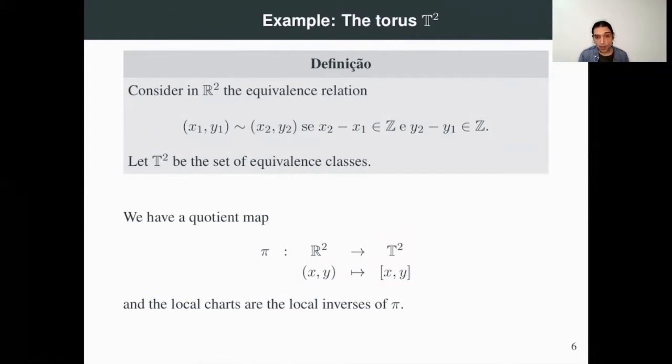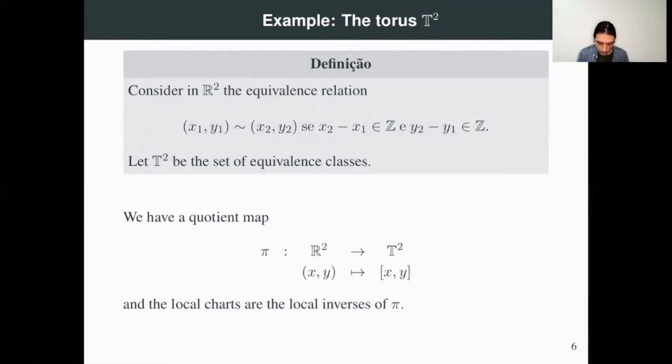Now, for the local charts, we can try to give a structure of differentiable manifold to our torus that will be natural. And what we want to use as local charts are the simplest possible maps. In our case, the local inverses of pi.